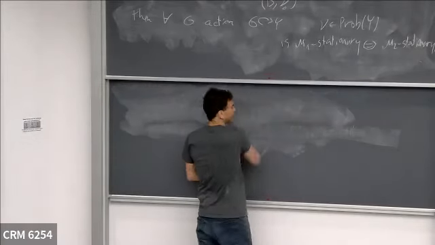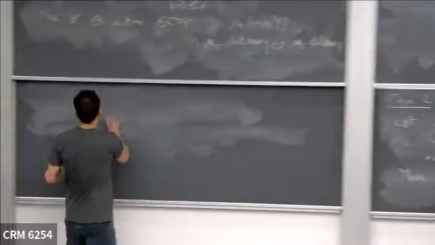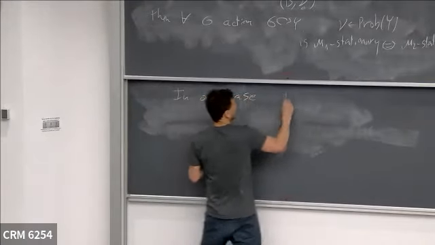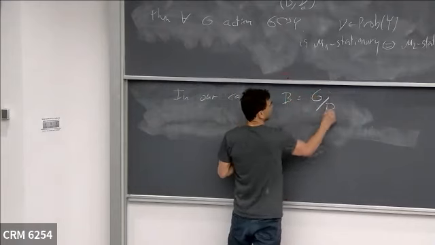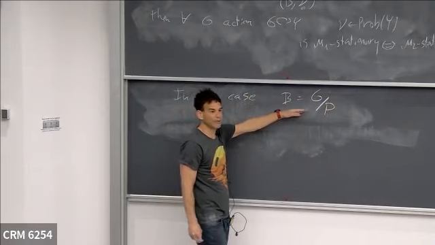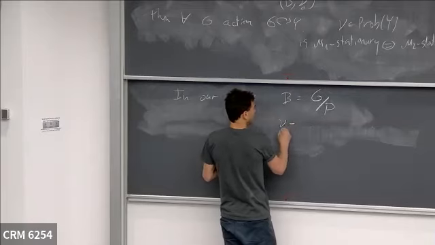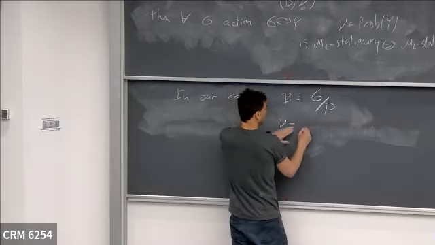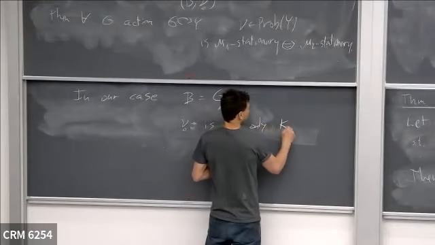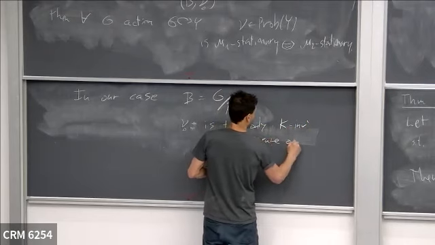In our case, B is G mod P. The Poisson boundary of a semi-simple group is G mod P, where P is a minimal parabolic, and nu, the Poisson measure, is the only K-invariant measure on G mod P.